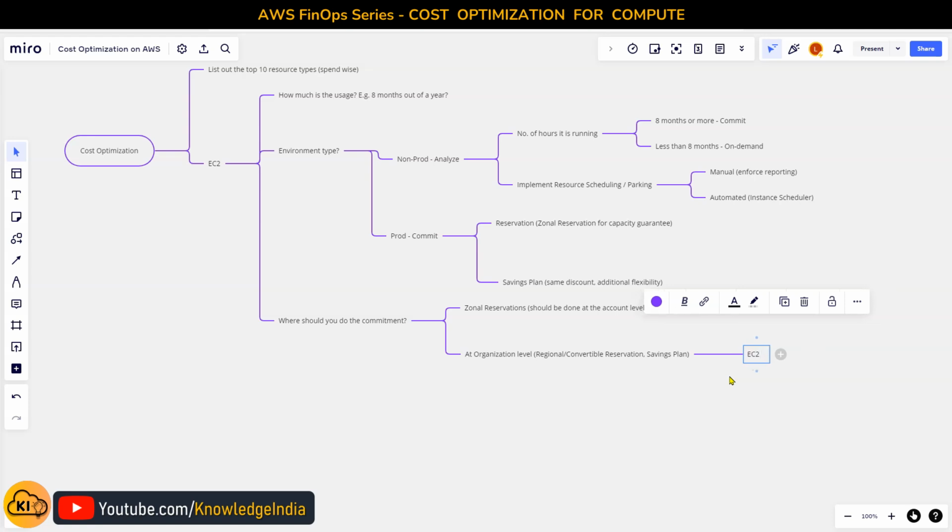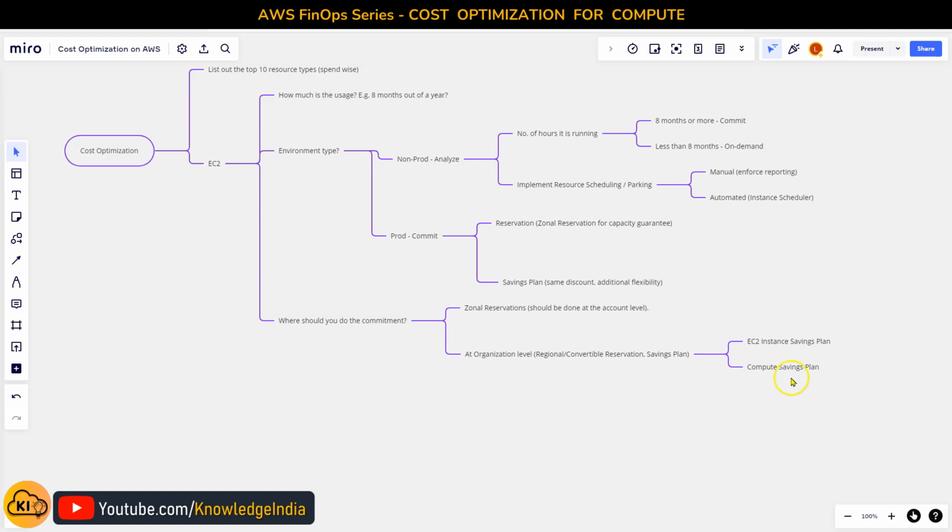Whether you should select the EC2 instance savings plan, or you should select the compute savings plan, right? Between these two, which one is easy or convenient to do? Compute savings plan is a lot more convenient to do, right?